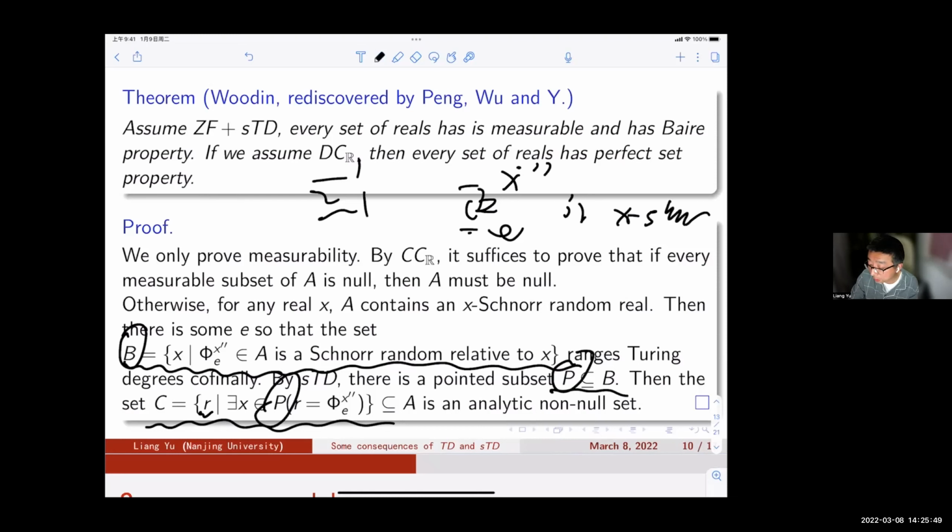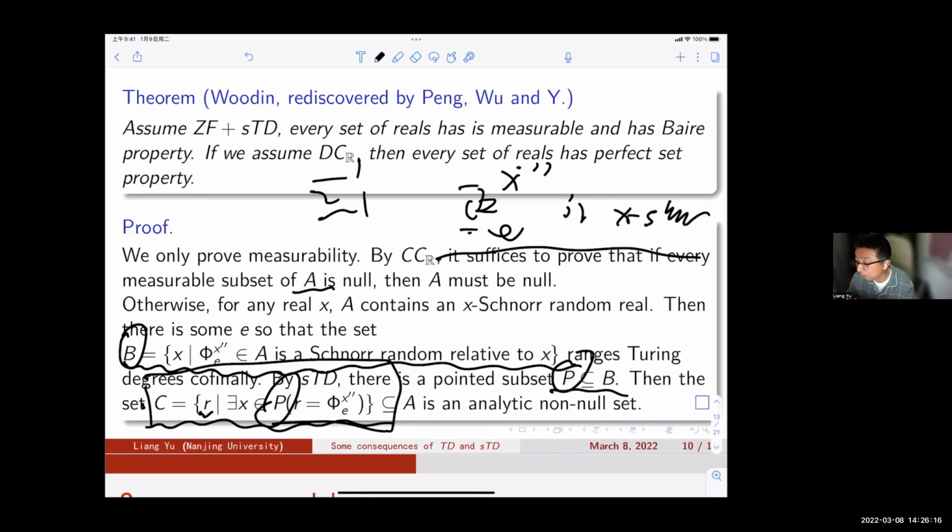So it cannot be null. As we remarked before, if it's null, then this cannot be true. So this analytic subset is measurable and not null. So we get a contradiction, because we assumed every measurable subset of A is null. So we prove this.